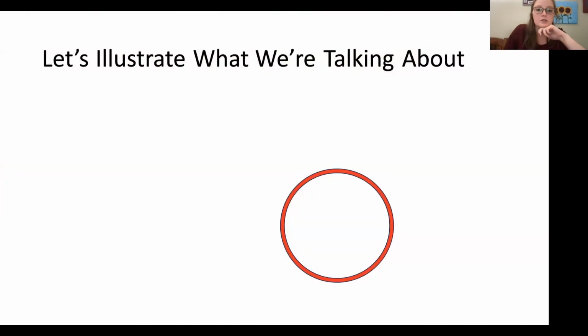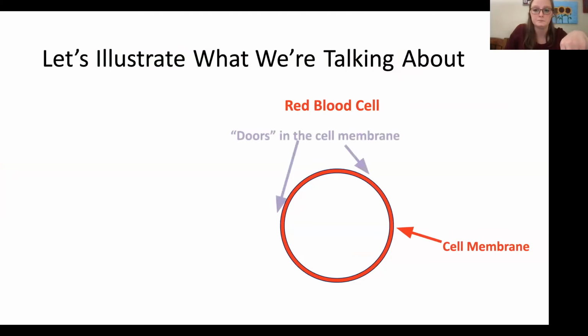So here is an illustration of what we're talking about. This is our red blood cell, and you see it's coded red. The cell membrane is also coded red because it's making up the outside perimeter of the red blood cell. So the doors in the cell membrane are here, and that is how the electrolytes can move in and out of the red blood cell.